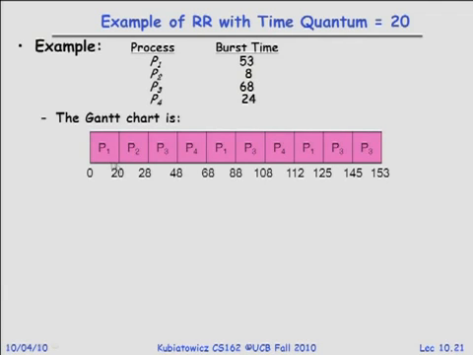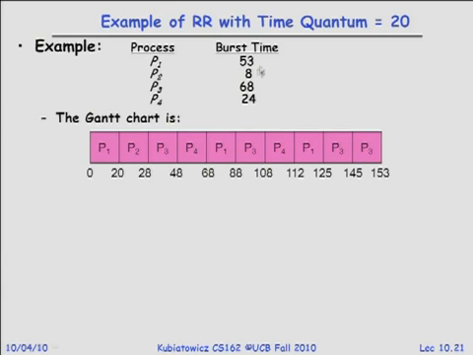That's good, and now it's done, whereas with first come, first serve, it would have had to wait 53 before it gets to run. All I'm doing here is, if the remaining time is less than 20, I run it out. Otherwise, I run 20 more milliseconds of the job, and I just keep switching.